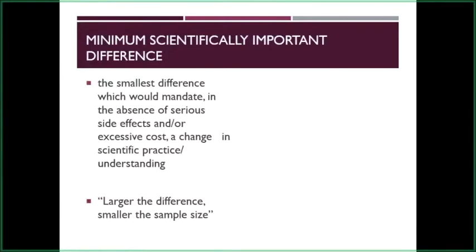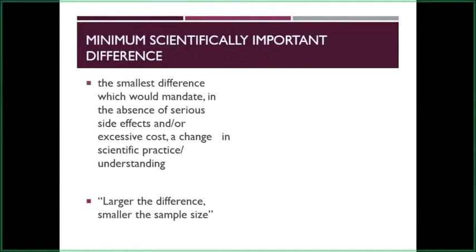Now, the graph that I just showed you was for a specific value of the alternative hypothesis. Okay, what we want to do when we're designing a study is to think about what is the minimum scientifically important difference that we want to detect. And in general terms, that's the smallest difference which would result in a change in practice. Okay, the rule of thumb on this is the larger the difference, the smaller the sample size.